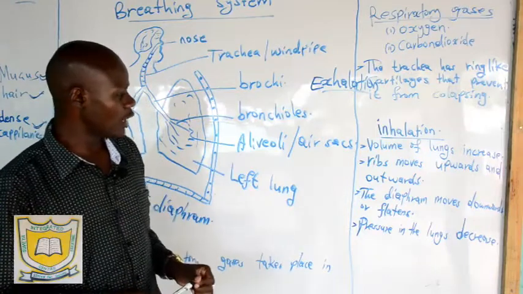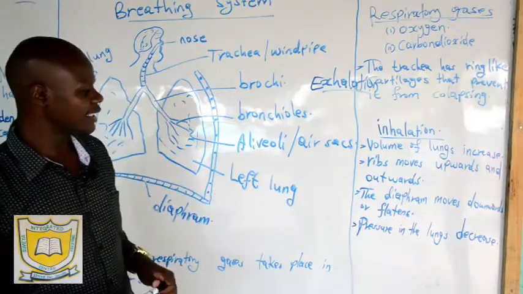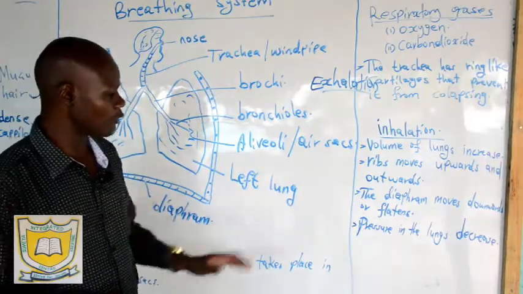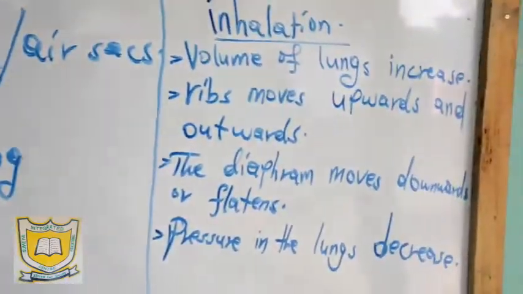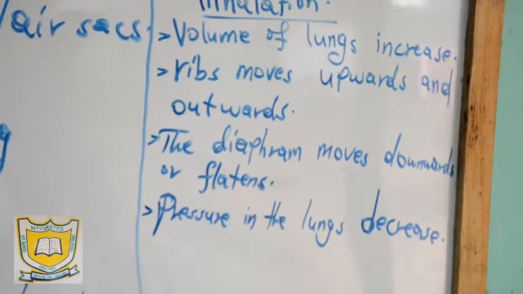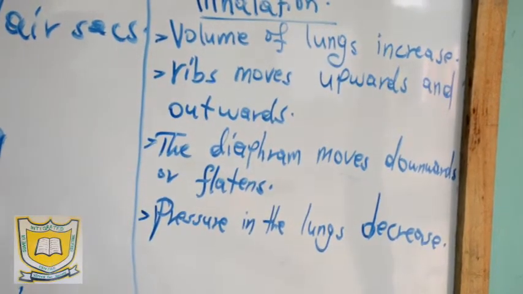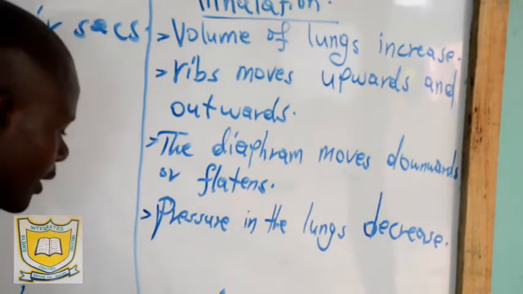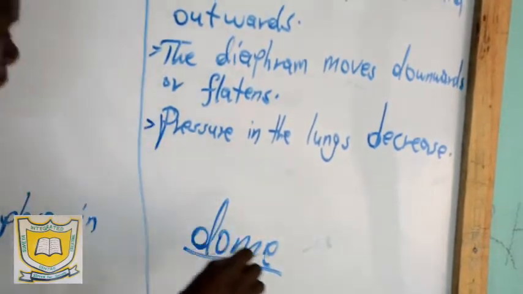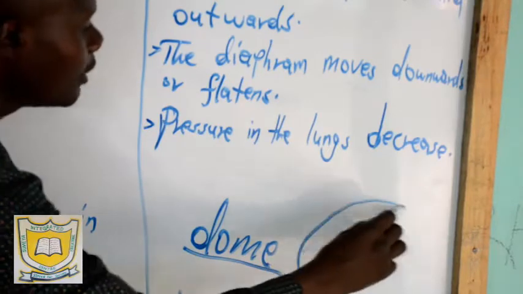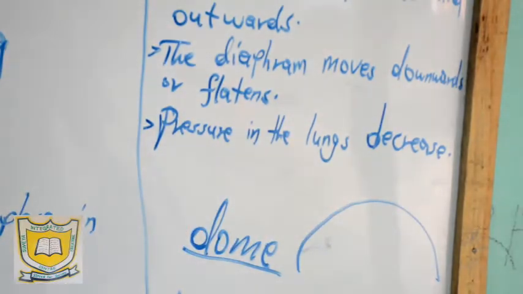We also have the diaphragm. Now, how is the movement of the diaphragm as you breathe in? Normally the shape of the diaphragm is dome. The diaphragm is always dome shaped, or curved upward. When we talk of dome shaped, it means something which looks like a rainbow, like that.